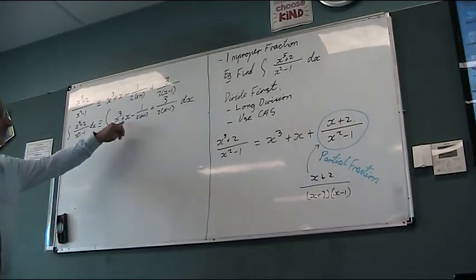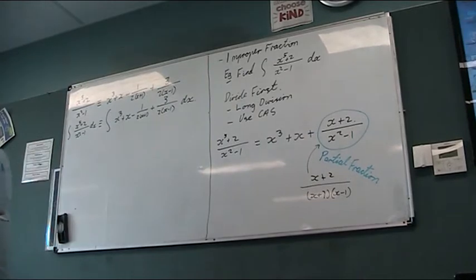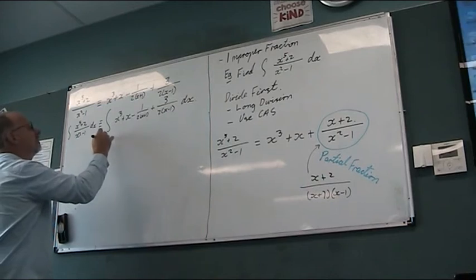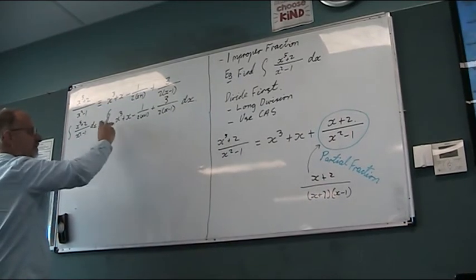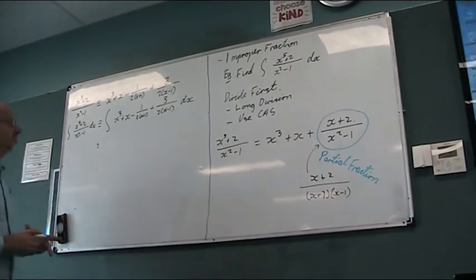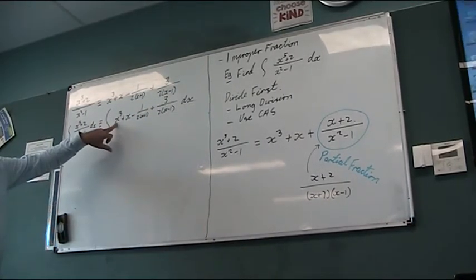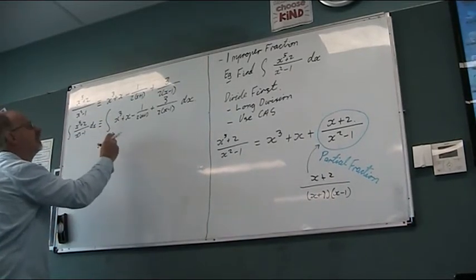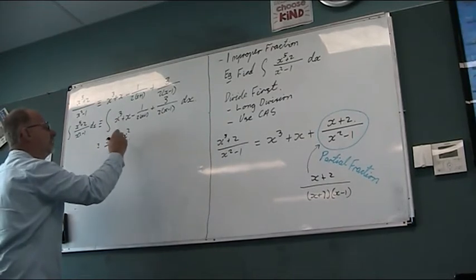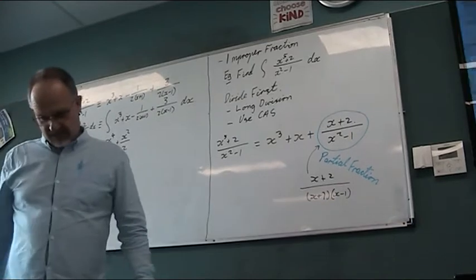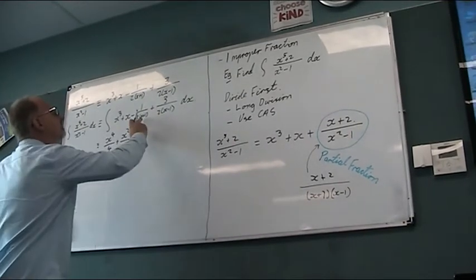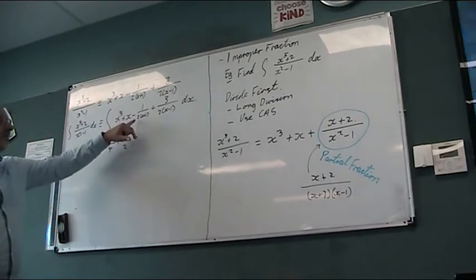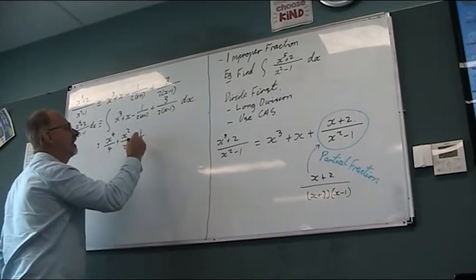Now because we've got 4 terms, we can split it up into 4 parts if we want to. But I'm not going to write that line, I'm just going to anti-differentiate each of these. So x cubed would become x to the 4 on 4, yep. x would become x squared on 2. This here, 1/2 is just a factor.